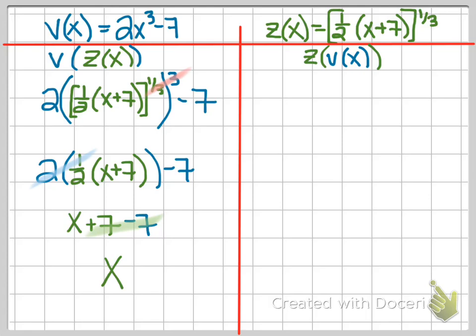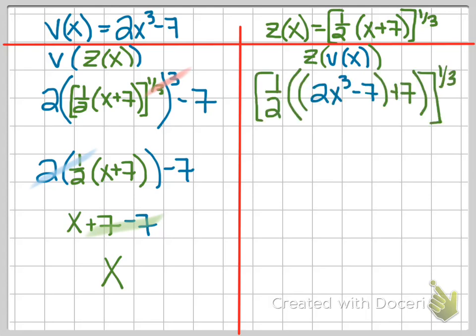Z of v of x. So we take our v of x function and compose it within our z of x. Wherever we originally saw our x, we're going to completely replace it with our v function. And working our way from inside out, following the order of operations, I see that there is now the additive identity.